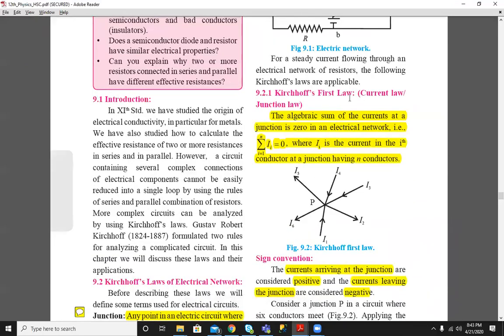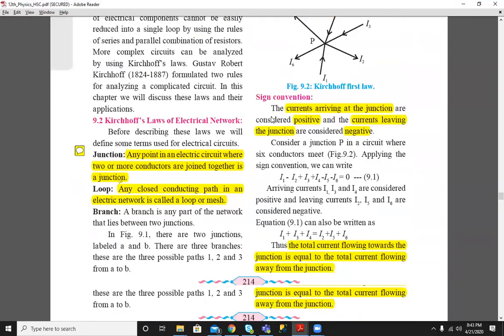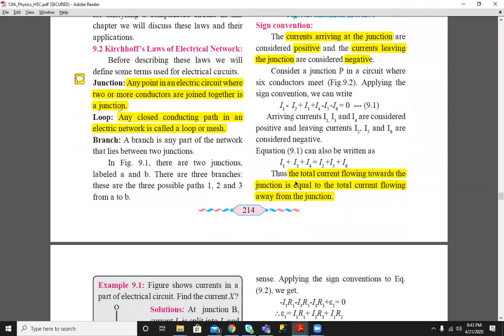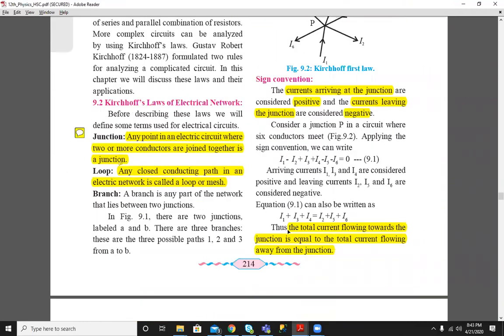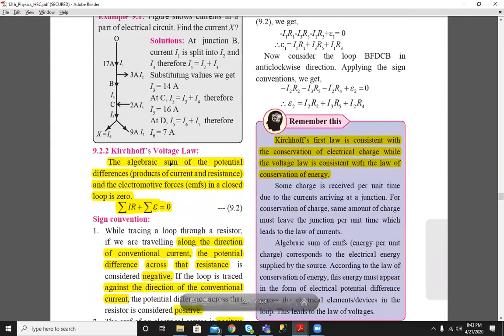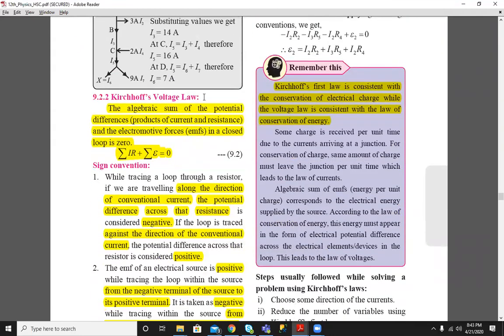Kirchhoff's first law, also called the current law or junction theorem, its sign convention, and the two statements. The algebraic sum of currents is zero, and the other way of stating it. Then Kirchhoff's voltage law or Kirchhoff's second law, also called the loop theorem.